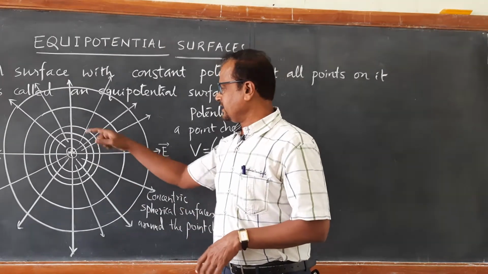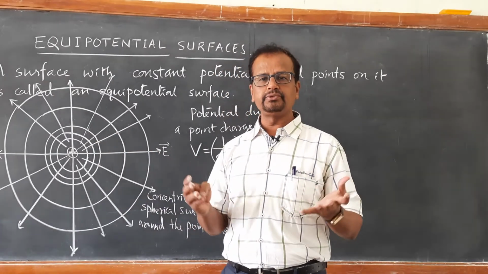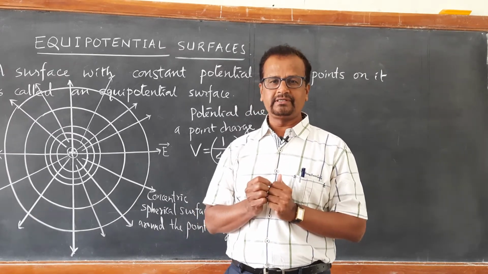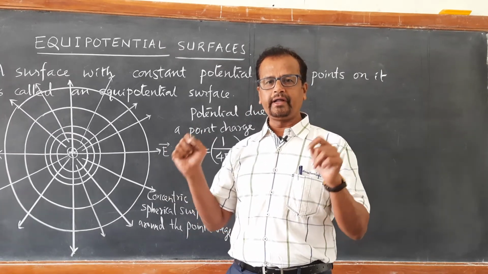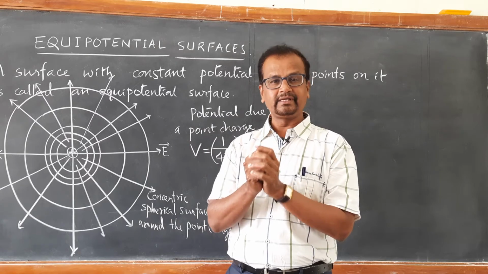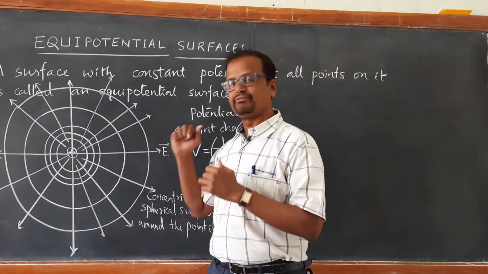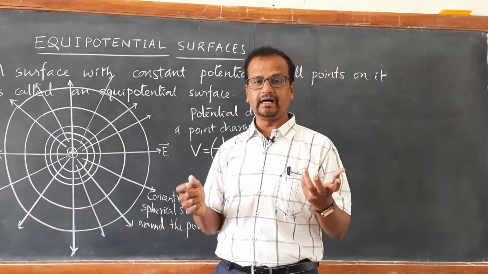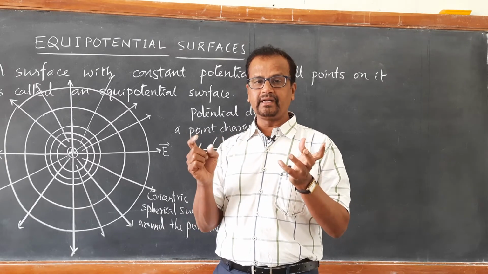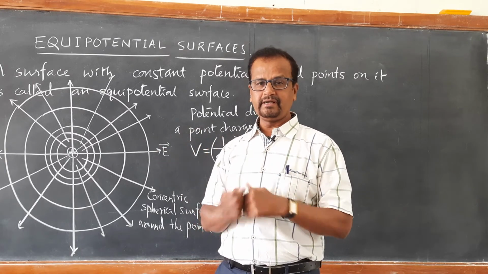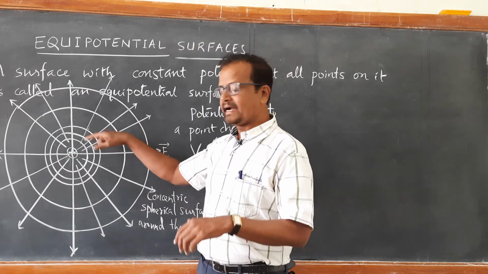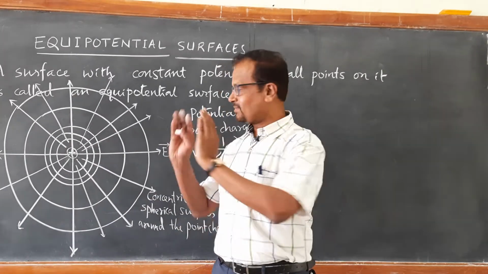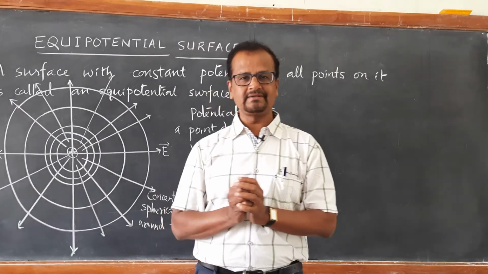So, the equipotential surfaces give you an additional picture to the already existing electric field picture with the help of electric field lines. We have already studied how to draw radial electric field lines for a point charge. In addition to that, we get an additional picture with the help of potential surfaces. Okay.